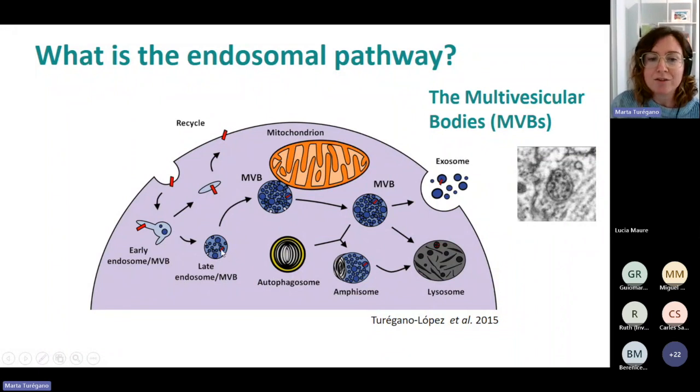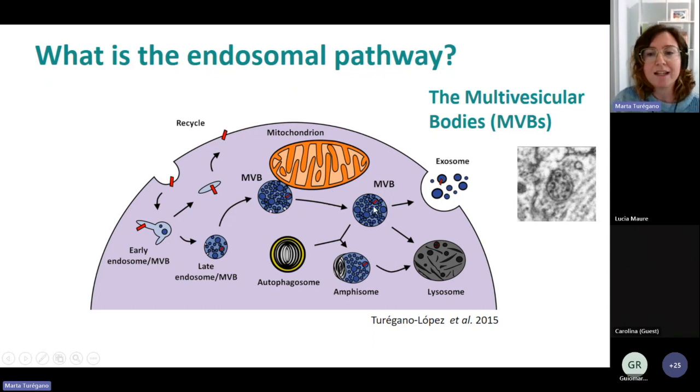When the late endosome is created, they go to support mitochondria along the cell, and they can release their cargo to the external medium by exosomes, by fusing the cell membrane, releasing exosomes.